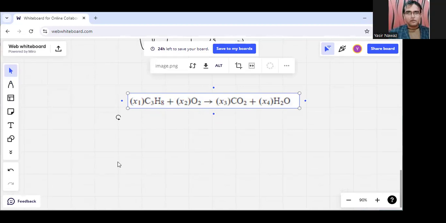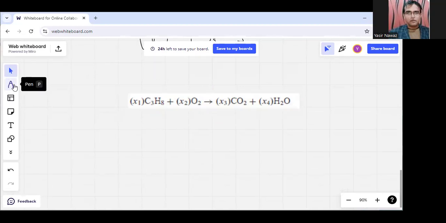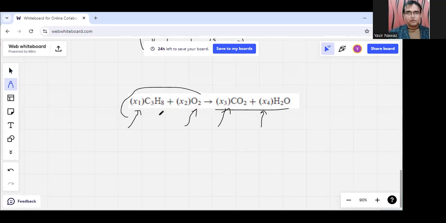In balancing an equation, you have to find which number will multiply with this molecule, which number will multiply with this molecule, and so on for these two on the right side. The total on the left hand side should be equal to the total on the right hand side for each category: carbon, hydrogen, and oxygen atoms.